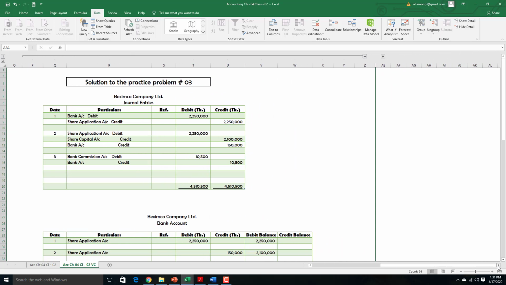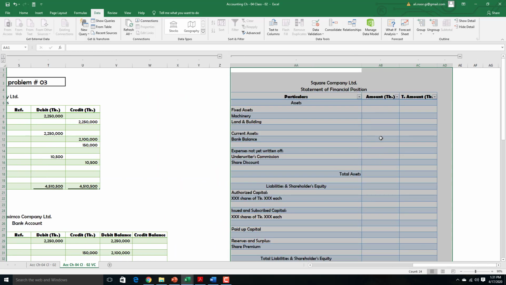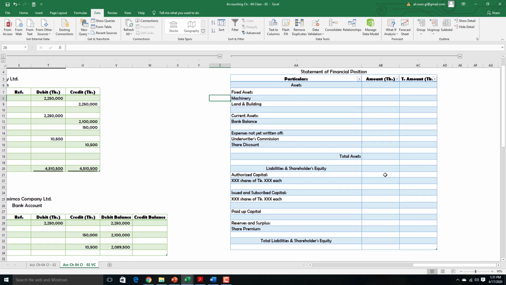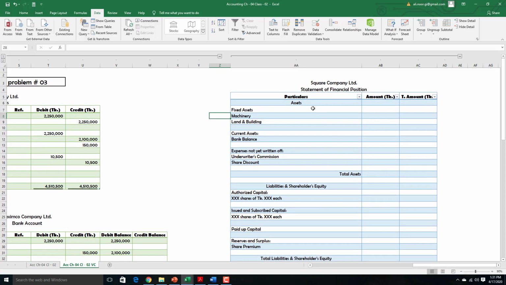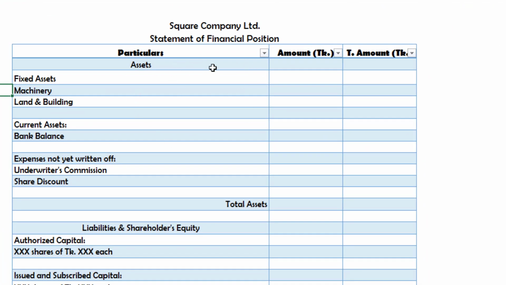Here is where I am going to show you how to prepare the statement of financial position. First, let's be introduced to this statement. This portion is the asset portion.